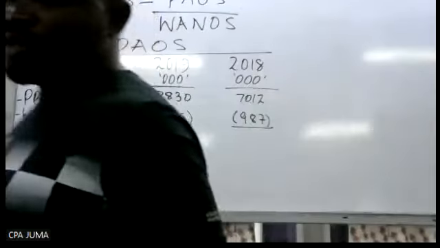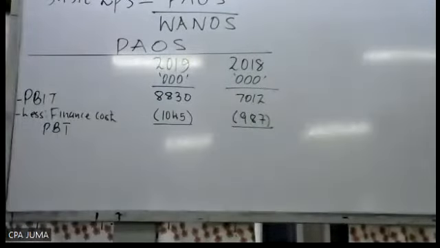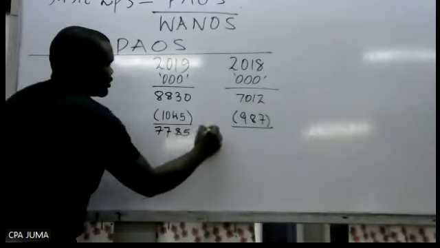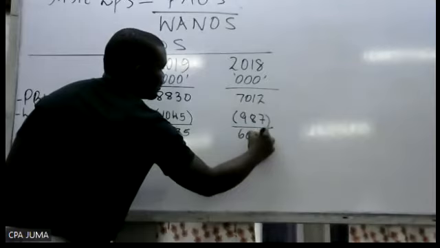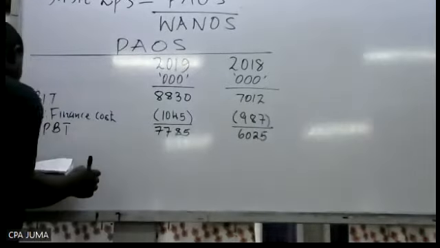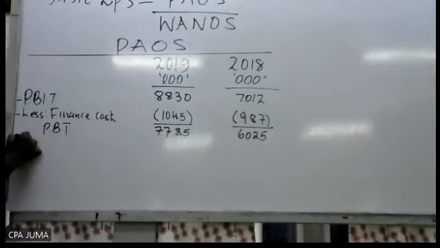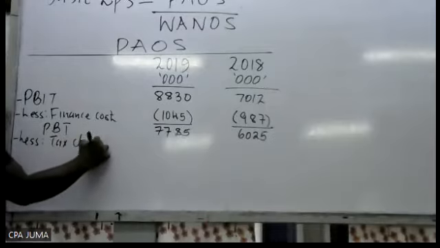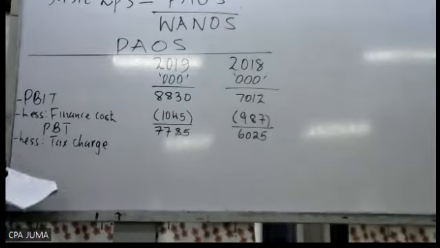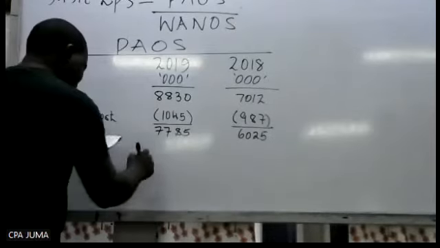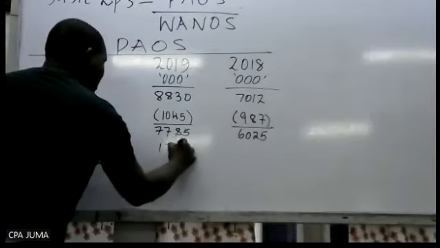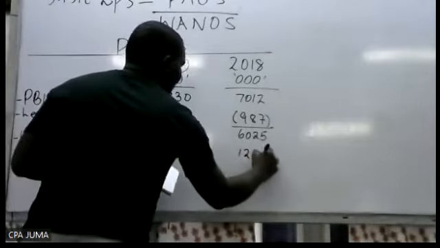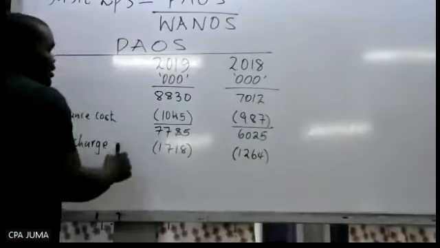So how much? 77. Good. Then bring tax. Less tax charge: 1718, 1264.